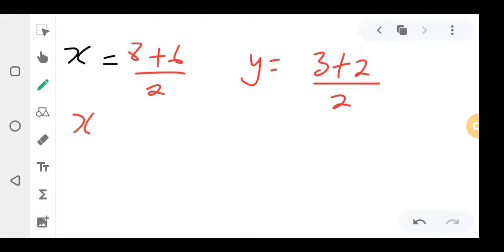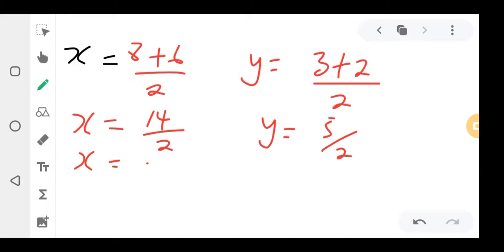That's all. And then if you solve this, 8 plus 6 is what? It is 14 over 2. And then y is going to be equal to 5 over 2. And x here, 14 divided by 2, is 7.